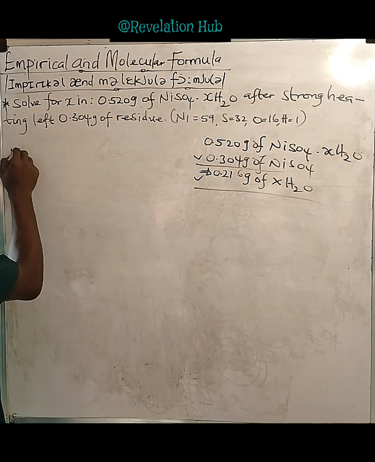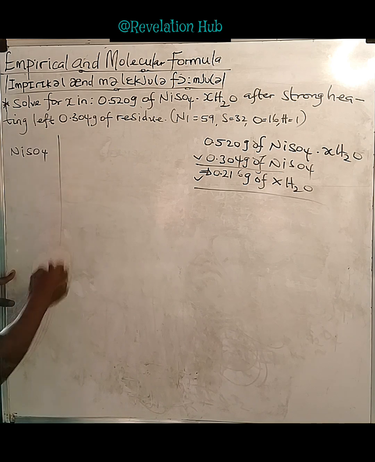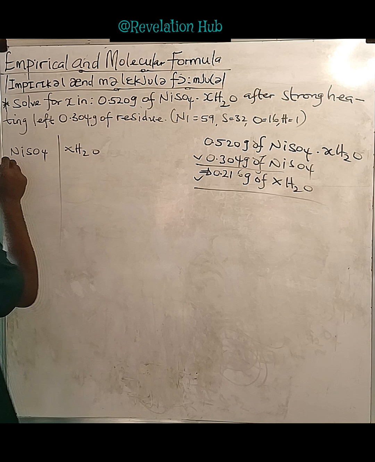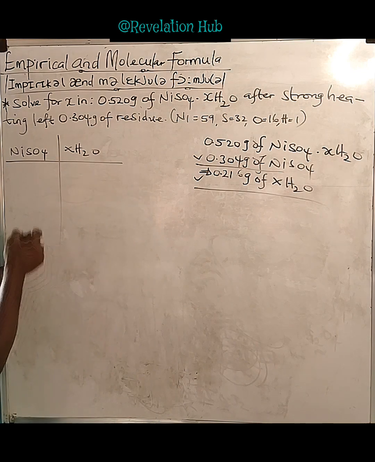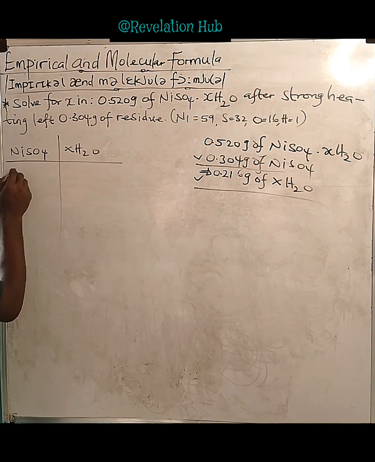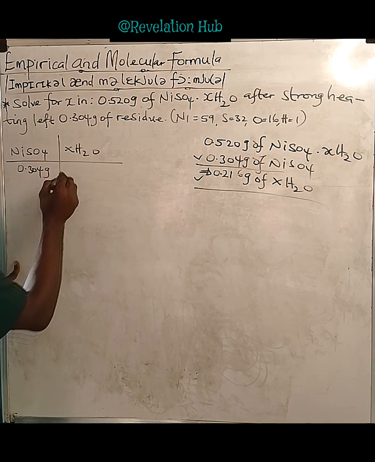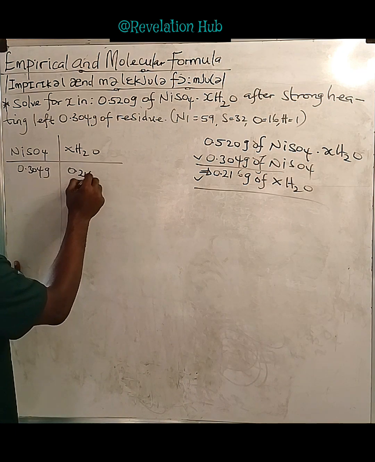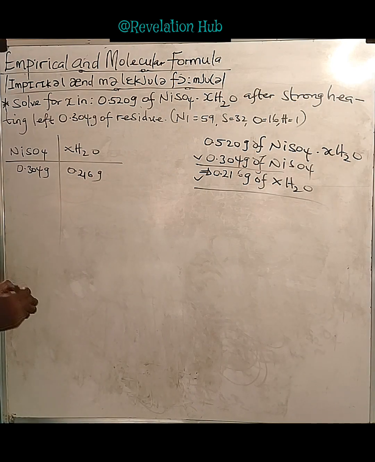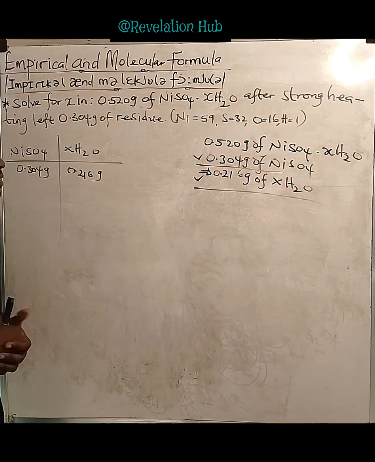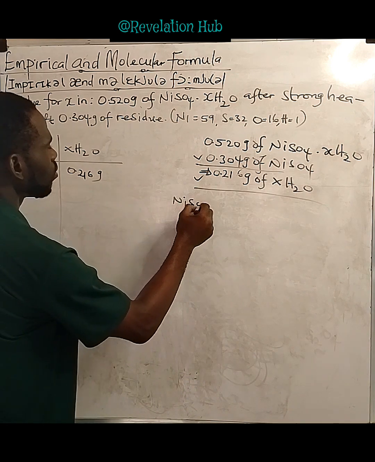So first of all, NiSO4 right here alongside XH2O on this side. The nickel sulfate is 0.304 gram. The water H2O is 0.216 as stated. So it's time for us to get our mole. Don't forget, mole is mass over the molecular mass of the compound you're dealing with. So let's quickly get the molecular mass of NiSO4.